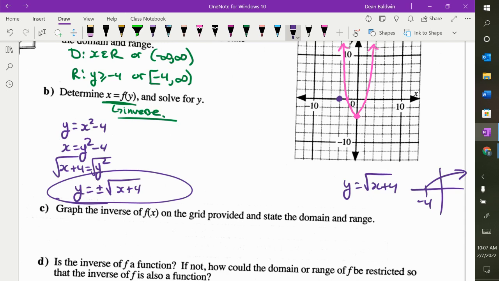What does the negative tell you? It goes down. The negative will open it down, right? Yeah. So when you have the plus or minus, it looks like this. There's the positive, and there's the negative.